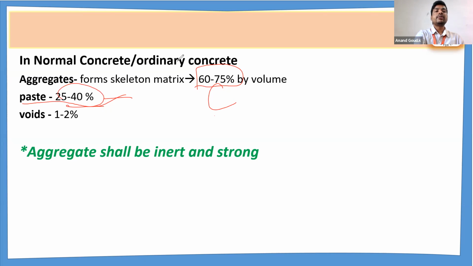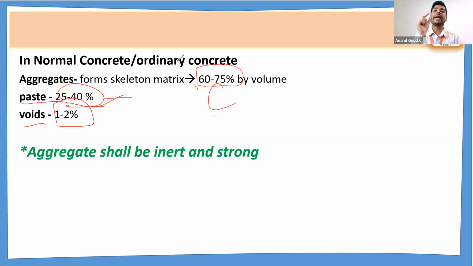And next, voids. The next percentage will be the voids percentage. Voids are nothing but empty spaces, air spaces. When you mix water or different raw materials for preparing the concrete, there may be a chance of trapping air content also. Small air bubbles will be trapped inside the cement paste or inside the concrete.